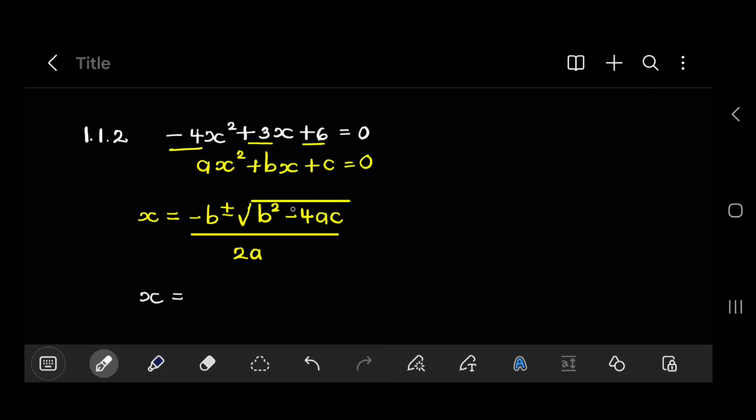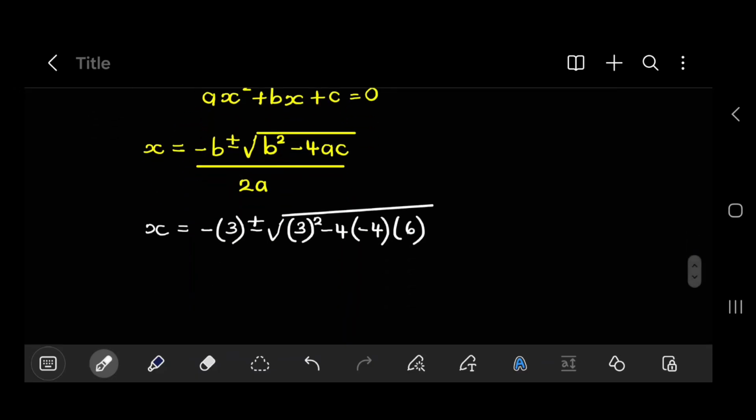So here is our quadratic formula, and substituting into this, we've got negative into b. b is 3, plus or minus the square root of 3 squared, minus 4. a is negative 4, c is positive 6, all over 2 into negative 4.